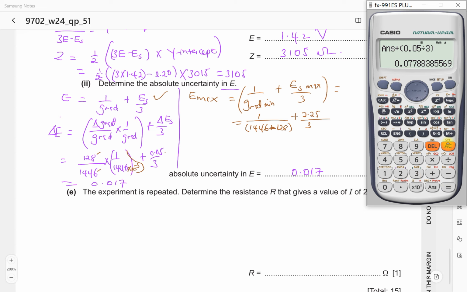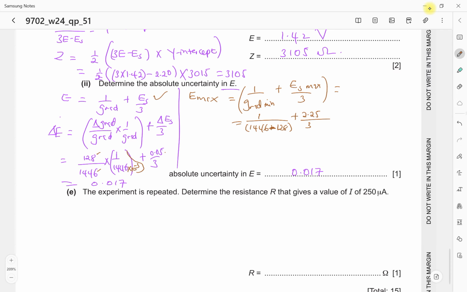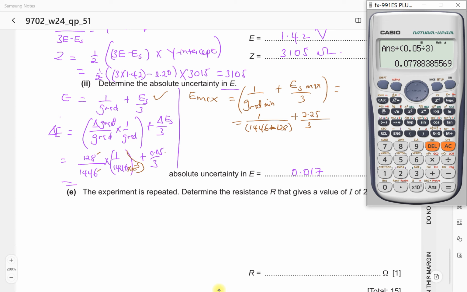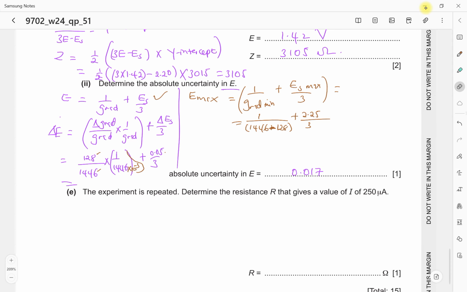So that is 0.079. So this is not true. It is going to be 0.078, not 79. 0.078 volts.